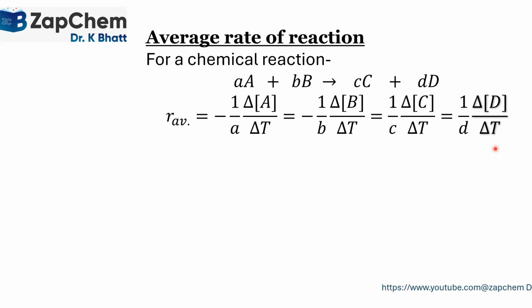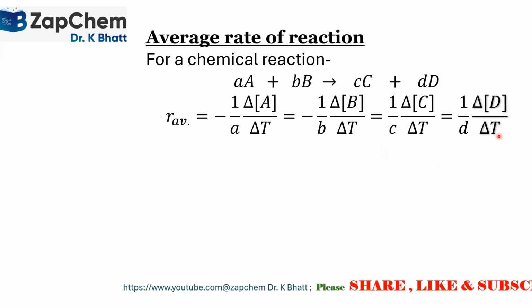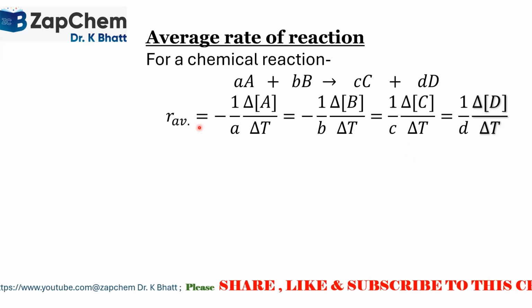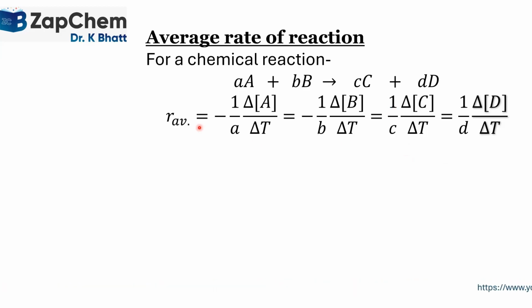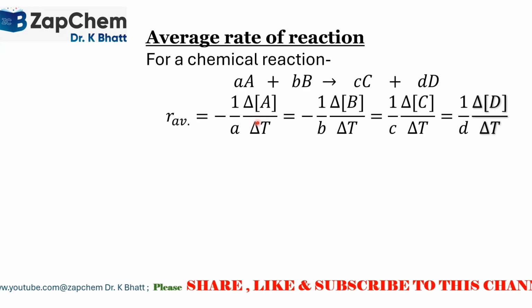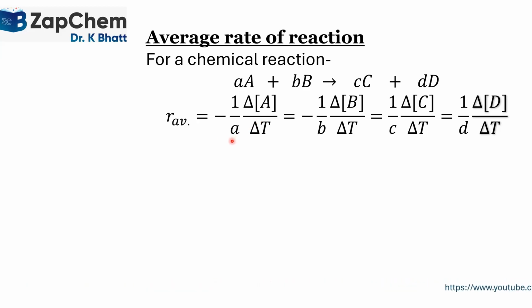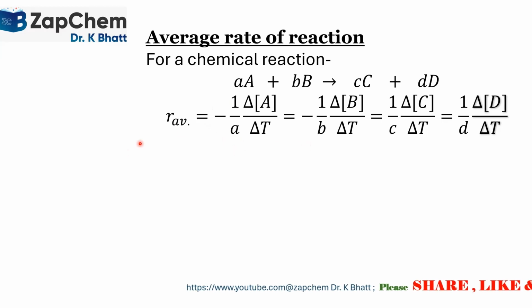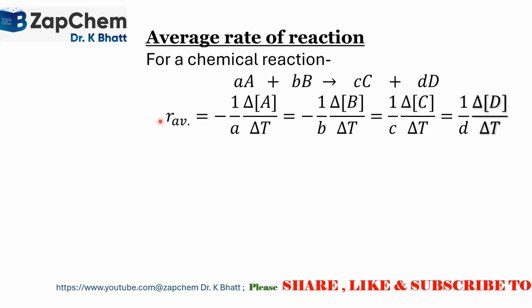Again, the same point has to be noted that for products it is positive. All this is because it is the same reaction whether you consider a reactant or the product. The rate of reaction at a particular time or period will always be the same. And therefore, this is the expression which gives the average rate of reaction.